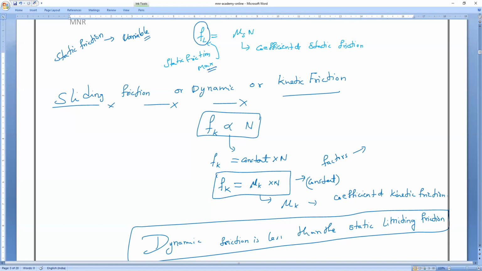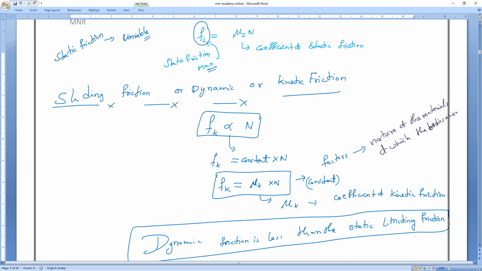Now, this kinetic friction or sliding friction depends on two factors, which you studied yesterday also. What does it depend on? First, nature of the material, the materials of which the bodies are made.